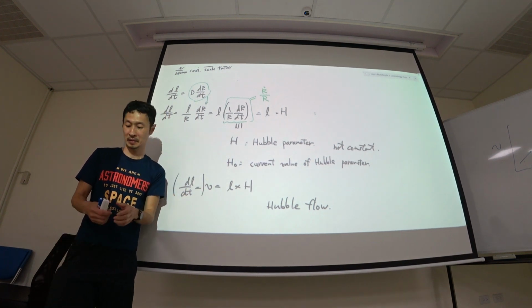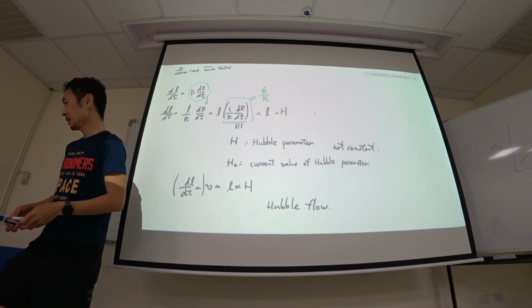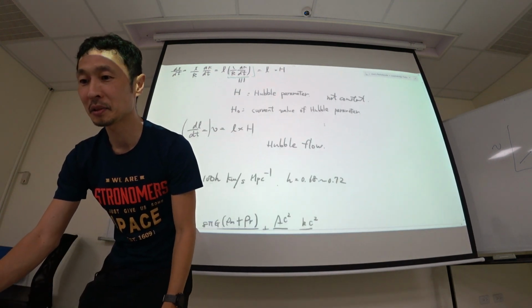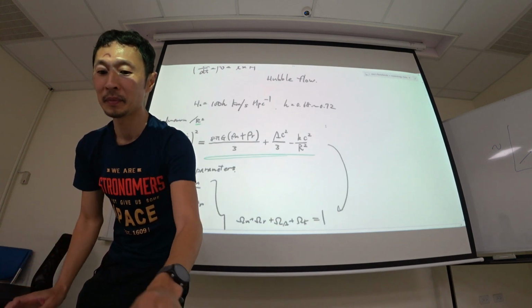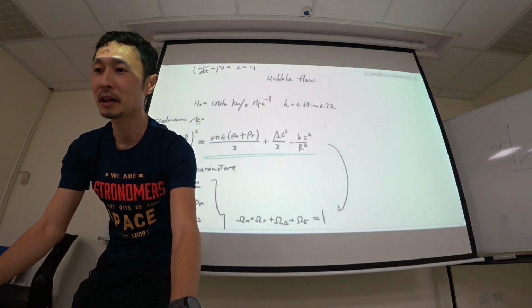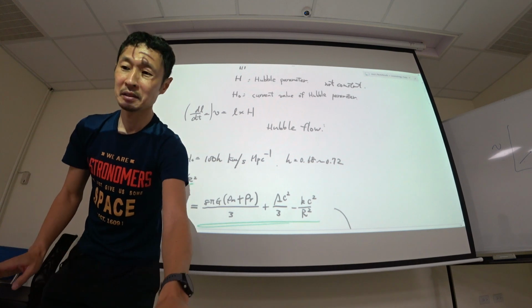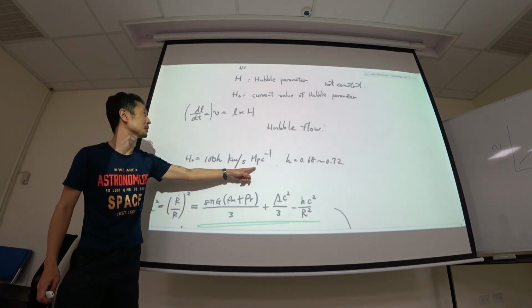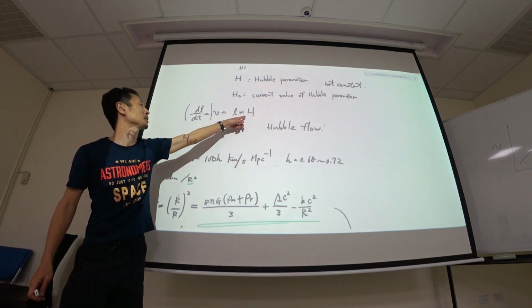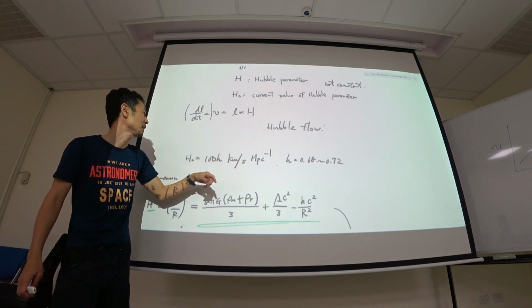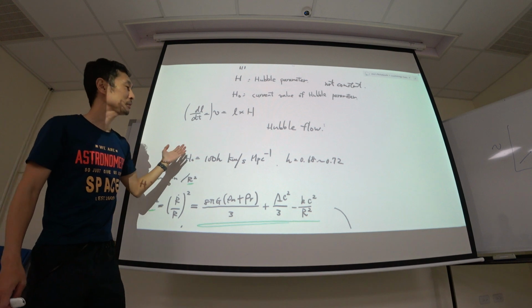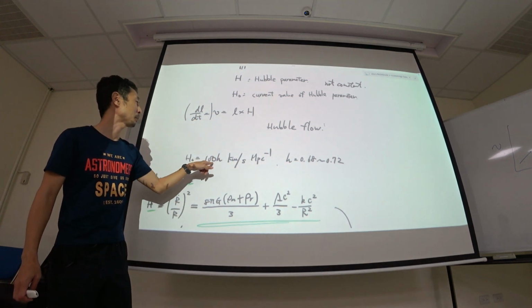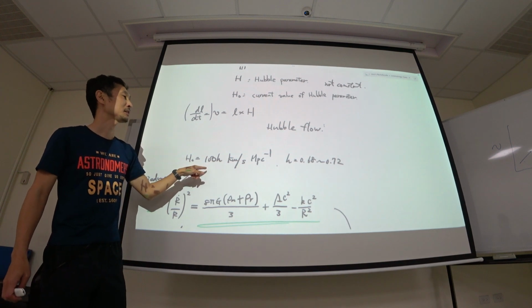Okay, so now one parameter down, and that's the Hubble parameter. The unit of the Hubble parameter, as you can see, is velocity divided by distance, right? Sometimes we use small h, by normalizing, dividing it by 100.